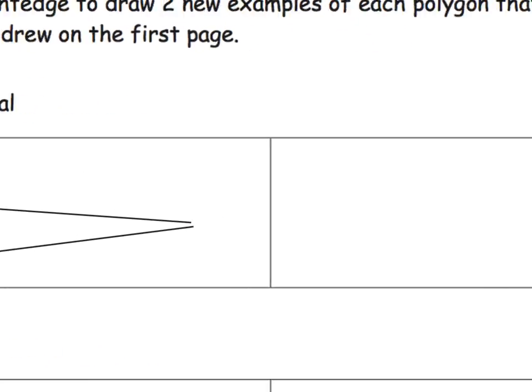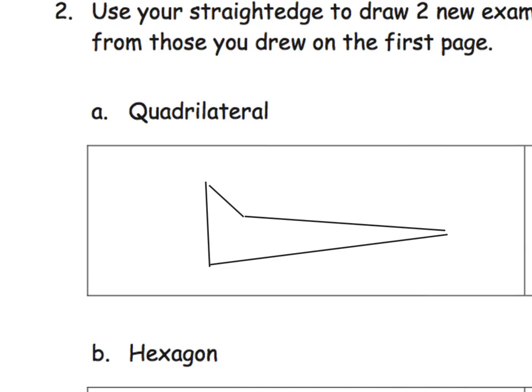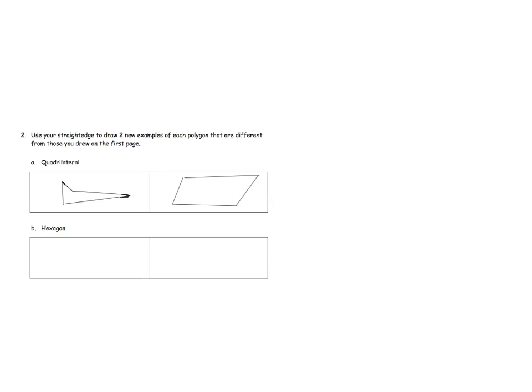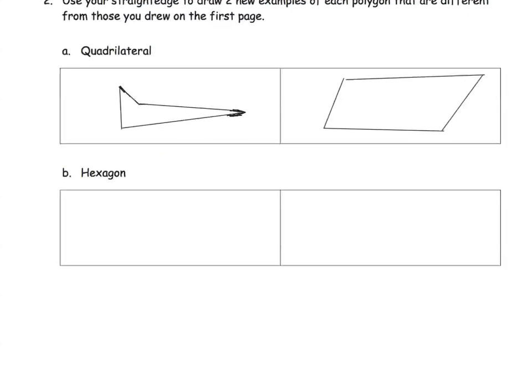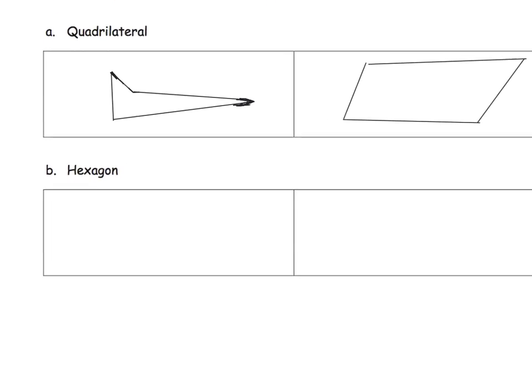I'm trying to get crazy, and since those angles aren't quite closed, let me finish closing them a little bit. There we go. All right, now let's draw another quadrilateral. Oh boy, let's get creative. Oh, I think I'll just do 1, 2, 3, and 4. There's my quadrilateral.